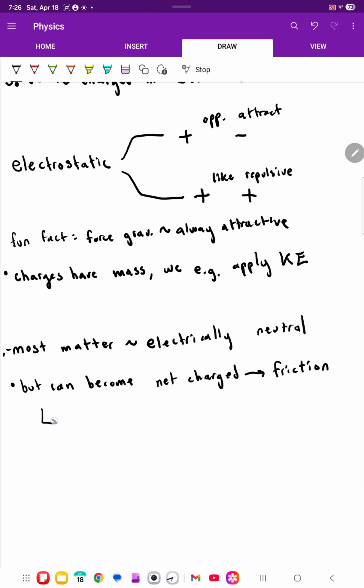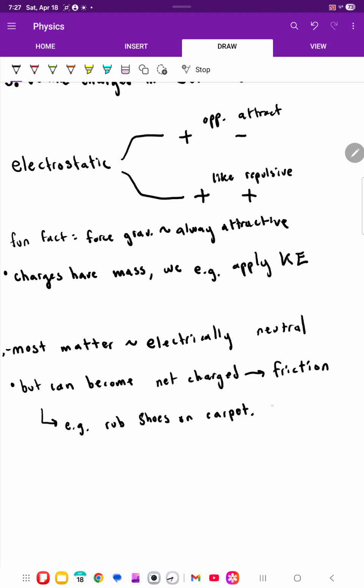And such an example is when you come inside to school from a rainy or cold snowy day. You rub your boots, rub your shoes on carpet.